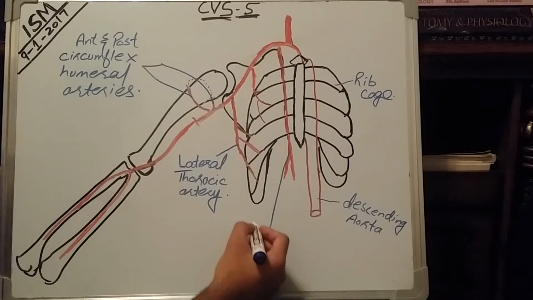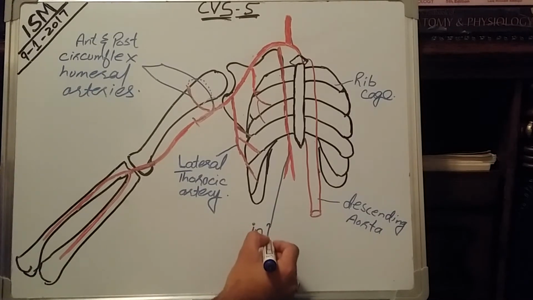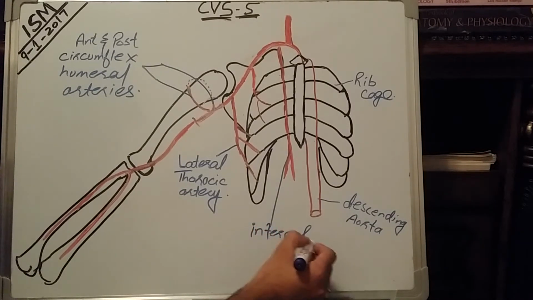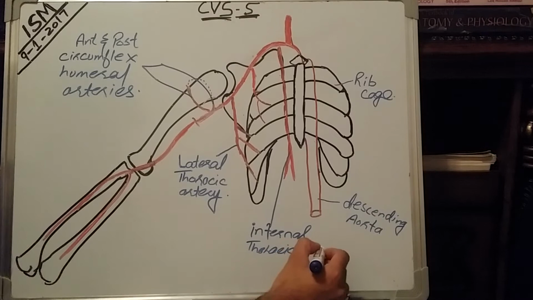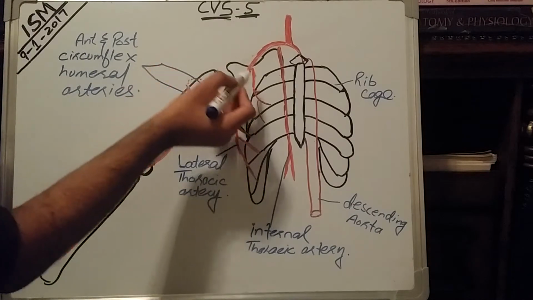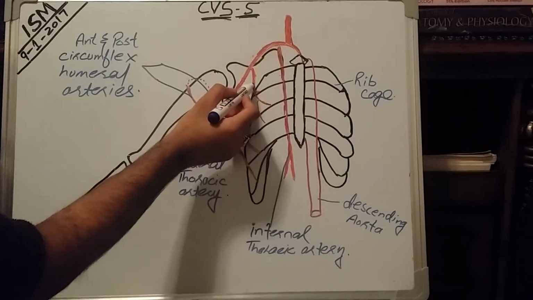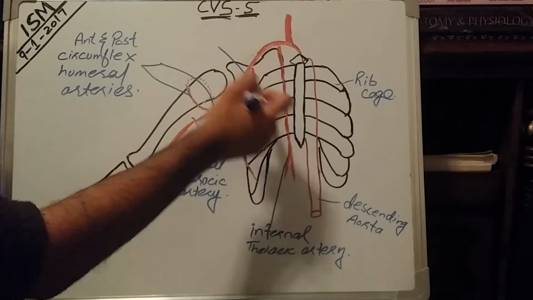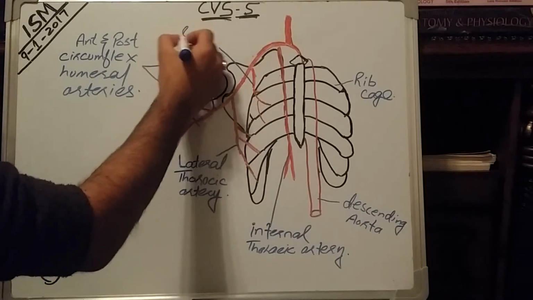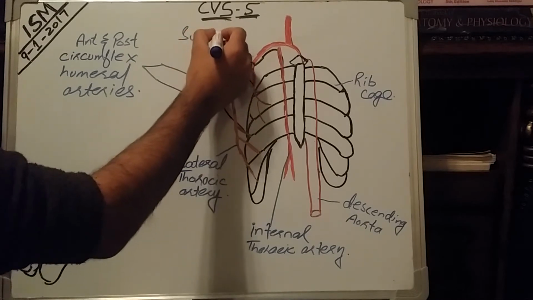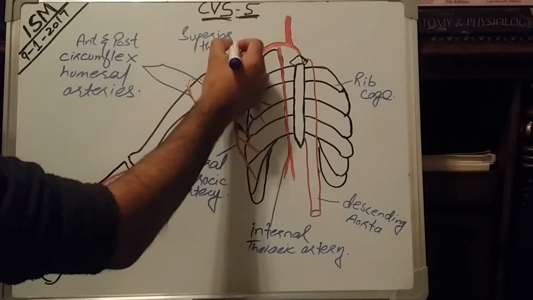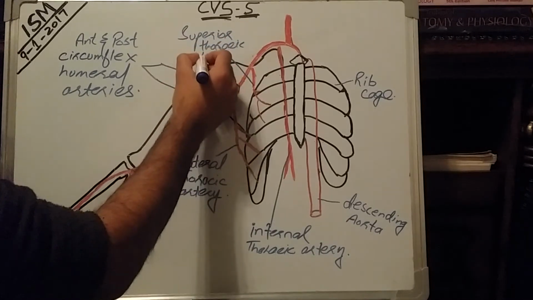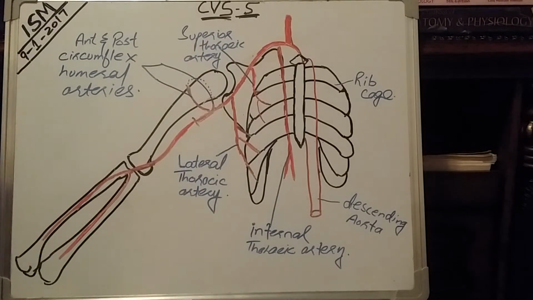The one providing to the upper side of the rib cage is the superior thoracic artery.